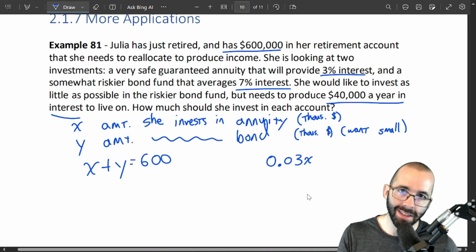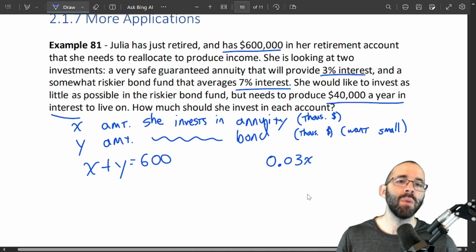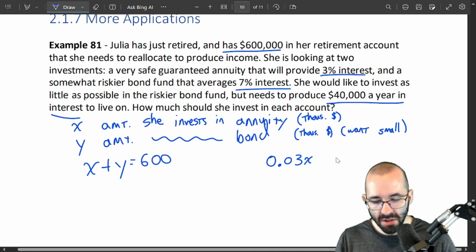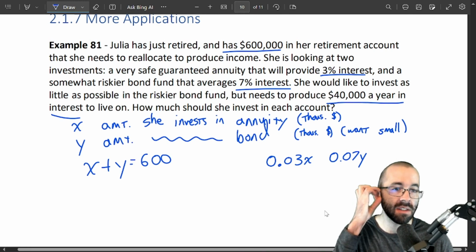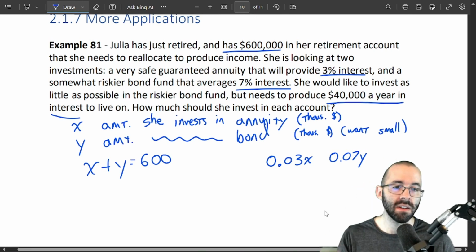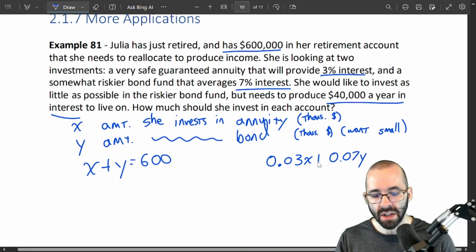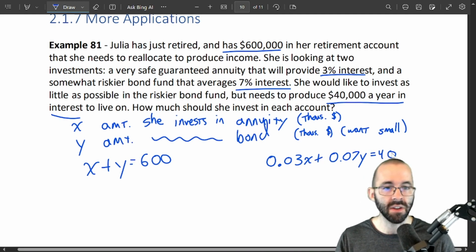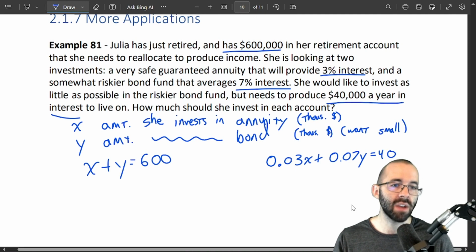We expect. These are all random things. But we expect about 3% interest. Well, there's also 7% interest for how much we invest in this one. Well, the total interest is just when we add them together, and we want that to be $40,000 in a year. So again, I'm going to write 40 because we're talking about thousands of dollars.